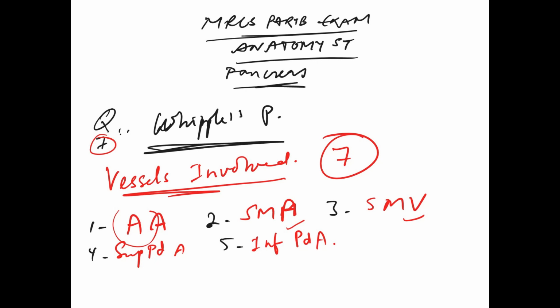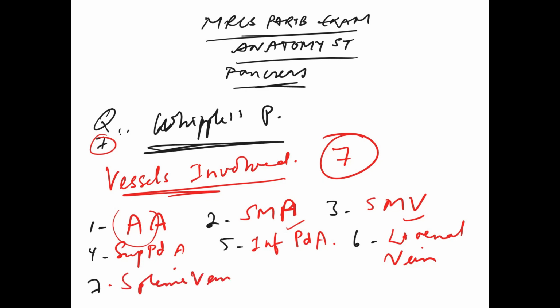Okay. So now there are two other structures that you want to remember, 6 and 7. The sixth one is the left renal vein. And the seventh one, as I remember, is the splenic vein.